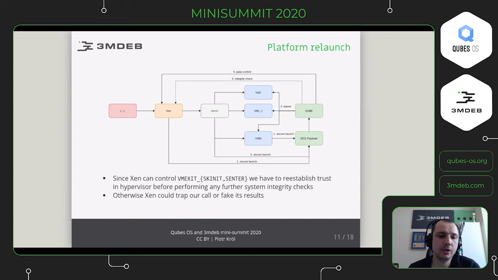But if we decide that SRTM is good enough for the hypervisor at least, then maybe this combination of SRTM plus D-RTM can also give some benefits.